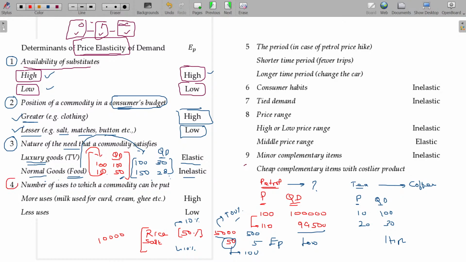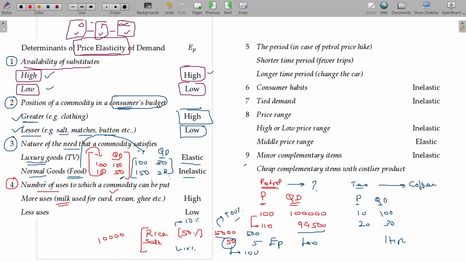Now, fourth, number of uses. I have already discussed and mentioned this in another area. If the product has more uses, being cheaper it will be used for all the purposes. If the product becomes costlier, we start using it only for important usage. For example, milk.